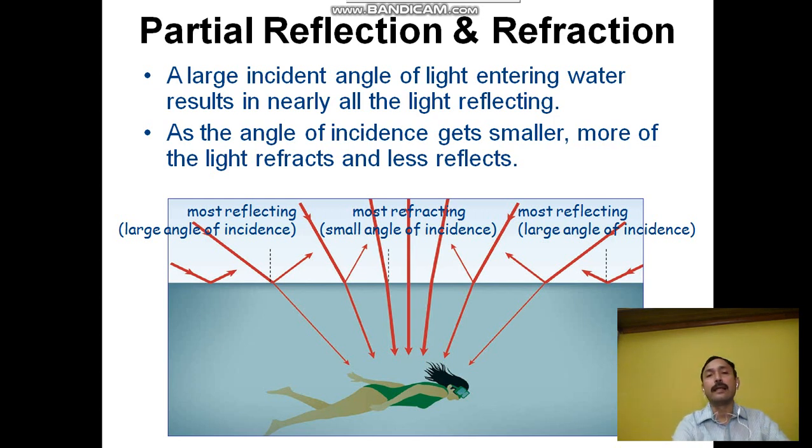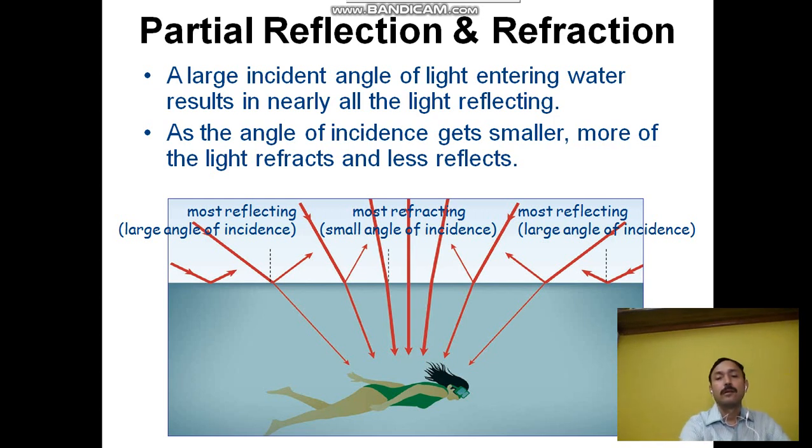A large incident angle of light entering water results in nearly all the light reflecting. As the angle of incidence gets smaller, more of the light refracts and less reflects.